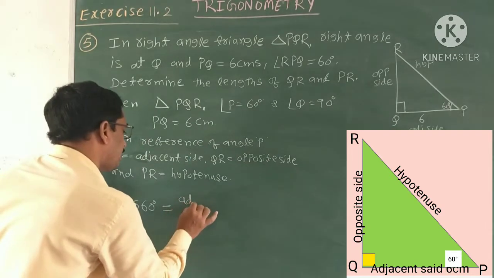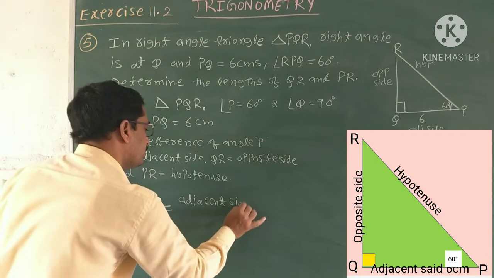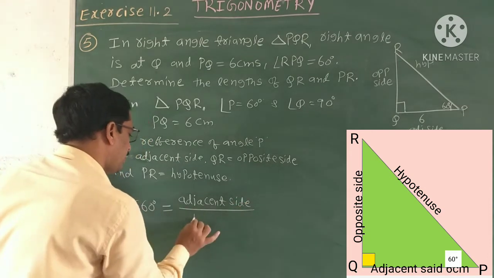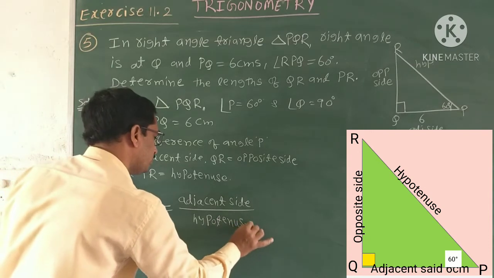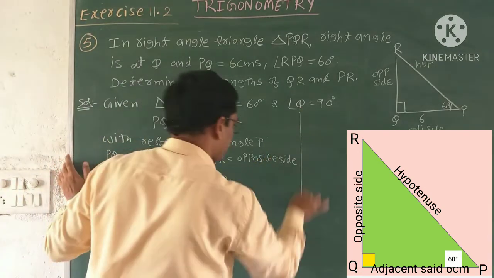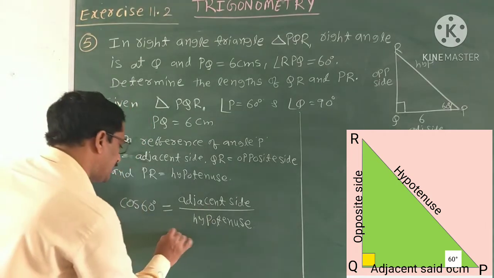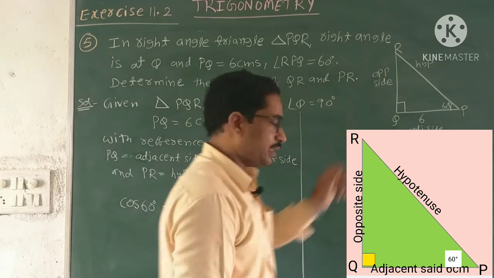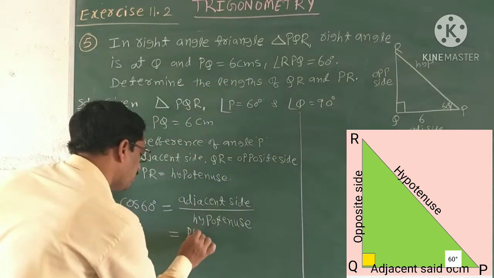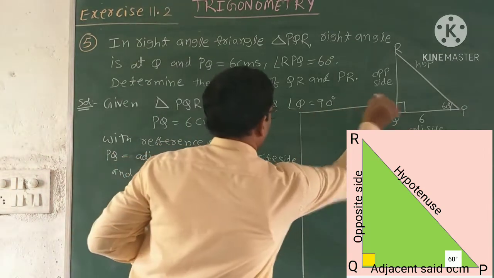So write the values. So adjacent side by hypotenuse. Here adjacent side is PQ, hypotenuse is PR. So PQ by PR.